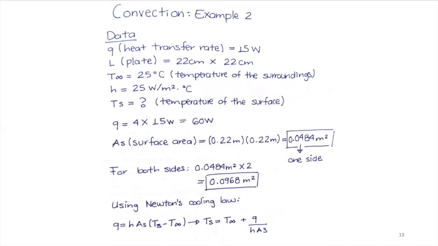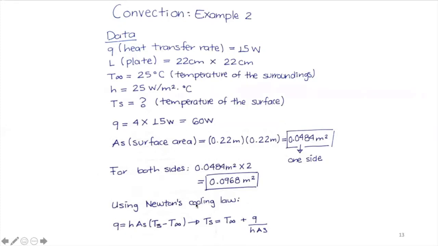If it is by 2 sides, it is 0.22 times 0.22 meters times 2. That will give us the area of 0.0968. I want you to calculate both: if the heat is dissipated by only one side, and if it is dissipated by 2 sides.